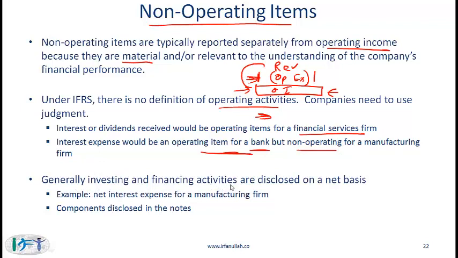Generally, investing and financing activities are disclosed on a net basis, and what this means is if you consider a manufacturing firm which might be paying a certain amount of interest expense and maybe receiving some interest, then the net interest amount will be disclosed as a single line and the details will be shown in the footnotes.